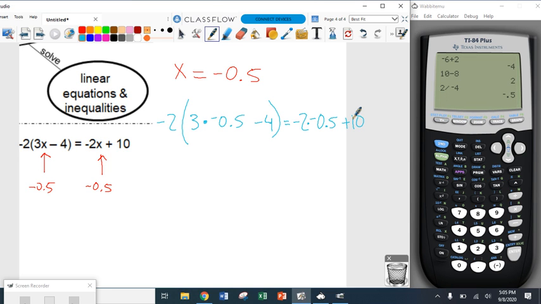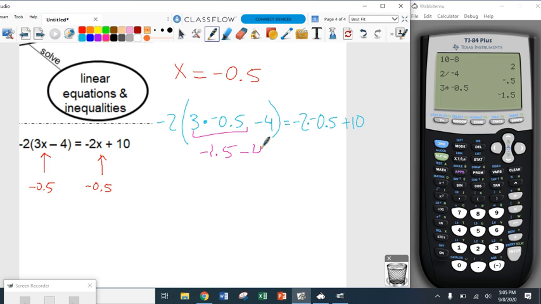Our order of operations, or PEMDAS, tells us we should look at the parentheses first. Inside, I go multiplication first, before my subtraction. 3 times negative 0.5 gives me negative 1.5.